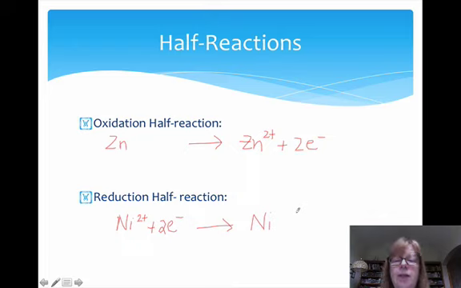So this is our reduction half reaction. Notice what happens. When oxidation is losing, we put the electrons on the product side because they're going away. But for reduction, which is gaining, the electrons are on the reactant side. It's like the electrons that zinc gives up, the nickel takes.